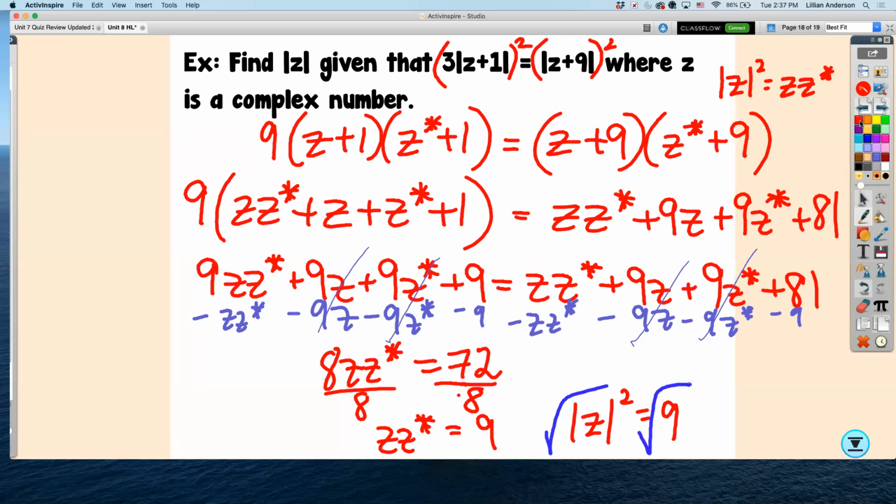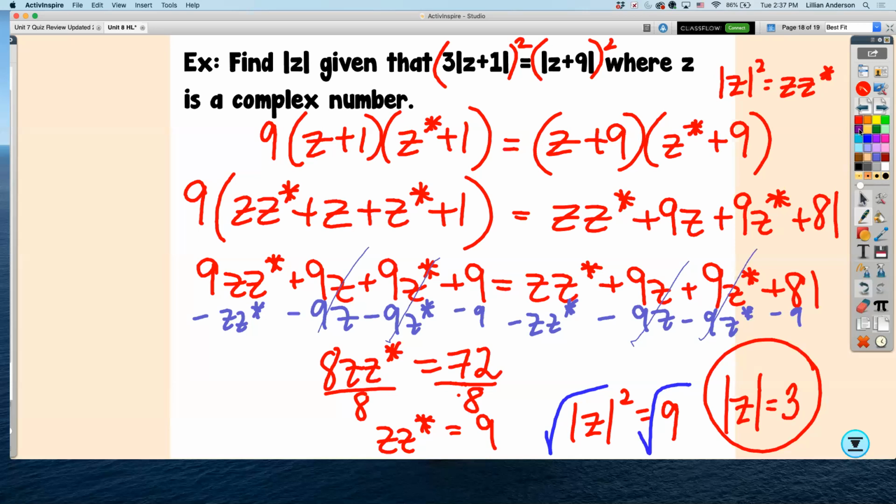And now I just have modulus z is equal to 3. That's using your properties of modulus.